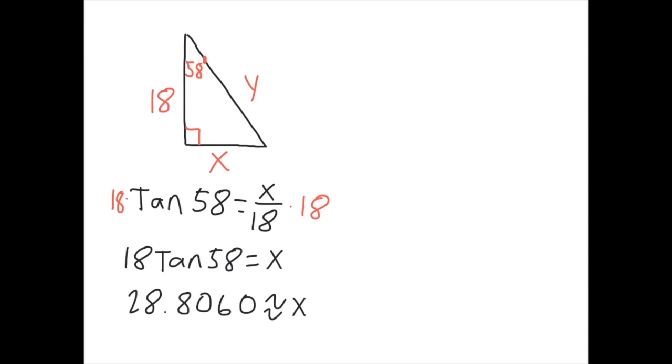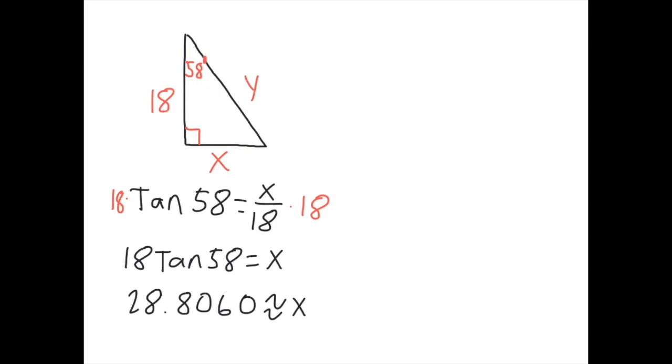Now we want to find y, now that we know what x is. So to find y, we use 58 degrees, the side they gave us, and the side we want, y. Do not use, under any circumstances, x, because it's a rounded number. You never want to use rounded numbers in your calculations. It will mess up your answer.